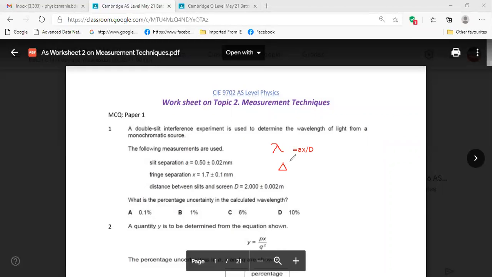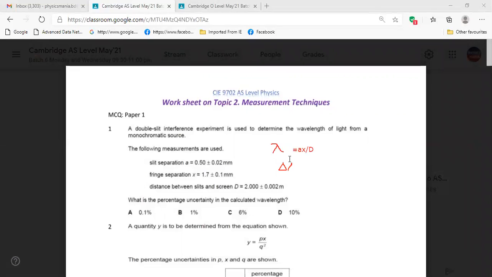Like before, we will write the formula del lambda by lambda.